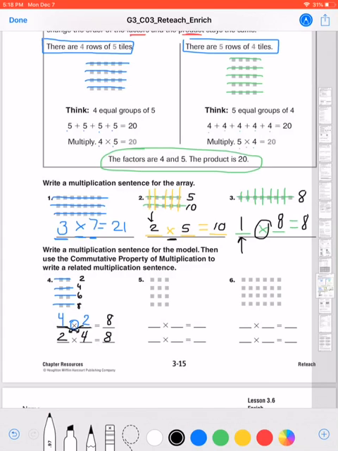Now let's go into number 5. All right, I want you to take a minute or two and do it on your own first, and then I'll jump in. All right, I can sense that you are finishing up. Let's count how many rows we've got. 1, 2, 3, 4 rows.